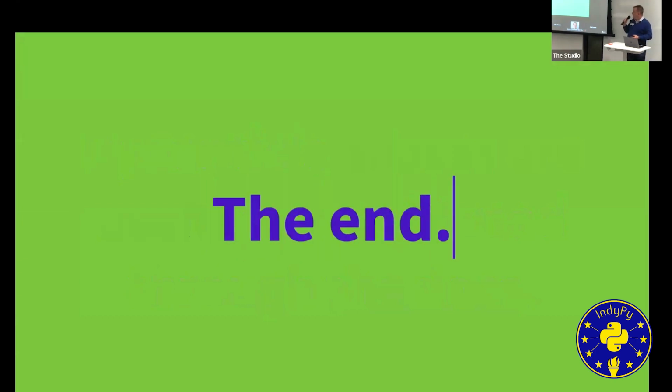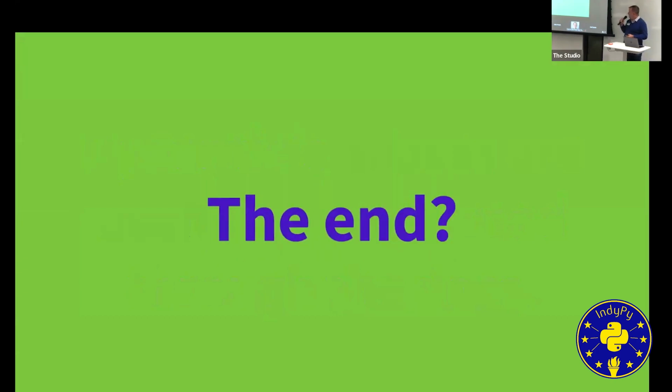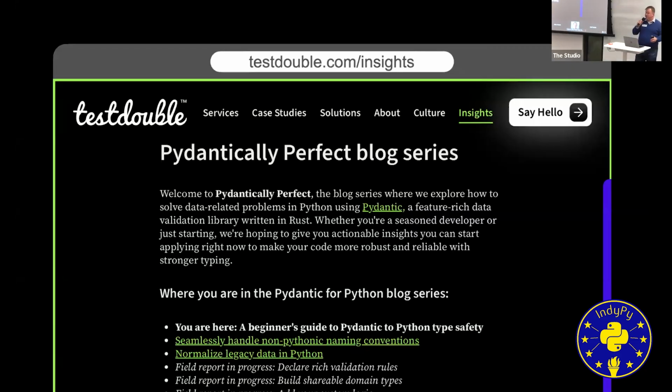I will also say this is not the end. I mentioned that this came out of a series of exercises we did, and we actually turned them into a series of blog posts. I don't expect you to remember anything I said here tonight, but what I do hope you remember is that our blog is at testdouble.com/insights, and you can go read this Pydantically Perfect blog series.